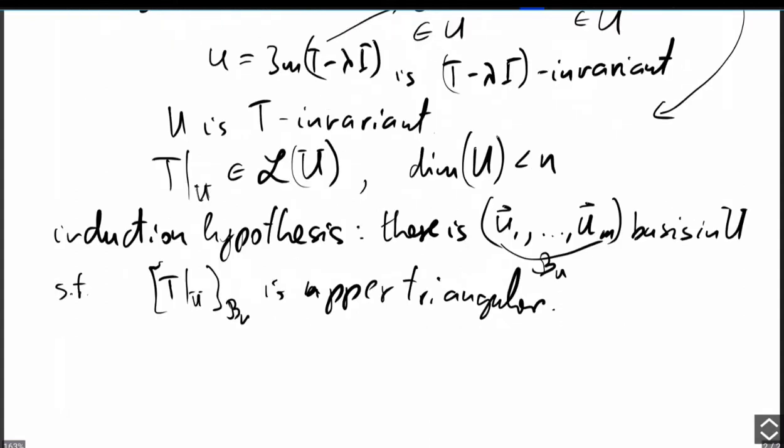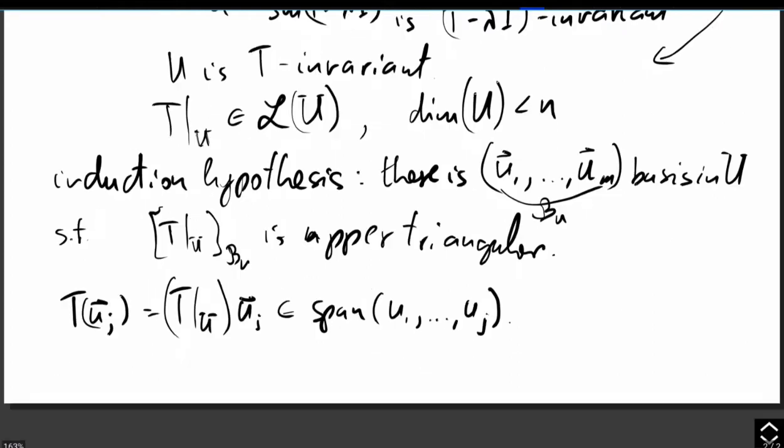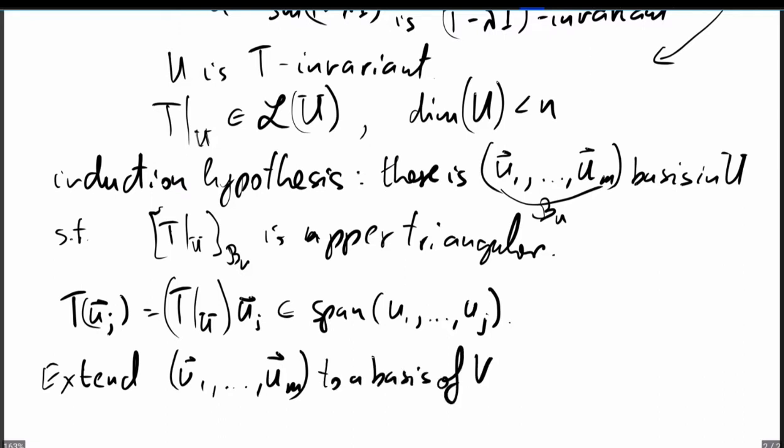And then according to the previous remark or previous theorem, T of uj, which is the same as T restricted to U applied to uj, these basis vectors, is in the span of the previous ones. So what we do here is extend the basis of U, this u1, ..., um, to a basis of V. We did this a long time ago.